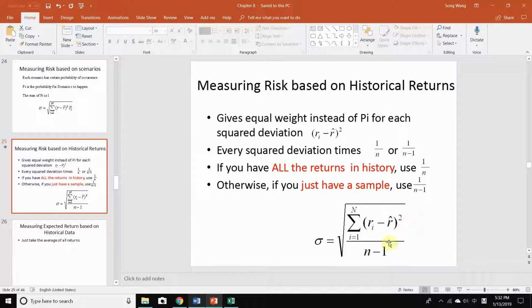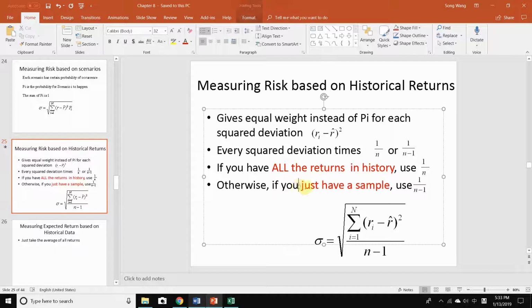You just need to treat them equally, and after you add them up, you divide the whole thing either by 1 over n or 1 over n minus 1. So when do you use 1 over n? When you have all the returns in the history. So basically all the returns you play with are the entire population. Then you use 1 over n as a multiplier.